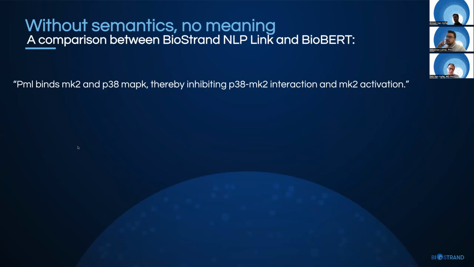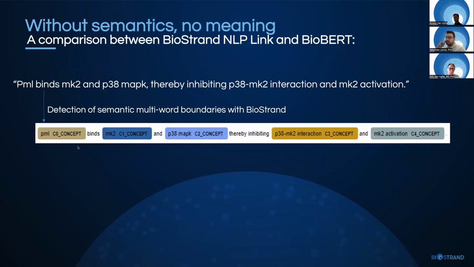So for instance, here you have a sentence, PML binds, and so on. It's a rather complicated sentence. The way we analyze this sentence is by first detecting these concept-relation-concept patterns, again without predefined knowledge, in a very generic way. It's not tuned to a certain domain, but in a generic way we can capture this type of sentences.